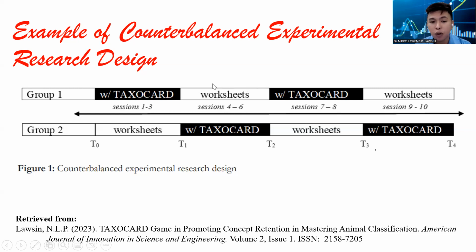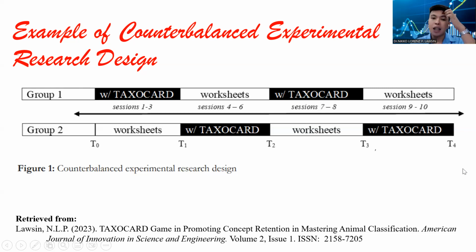Sessions 4 to 6, for group 1 worksheets, for group 2 the Taxo Card. And then T2 is given as test number 2. And then within sessions 7 to 8, group 1 again uses the Taxo Card, while group 2 uses worksheets. Then on sessions 9 to 10, worksheets for group 1, group 2 with the Taxo Card.